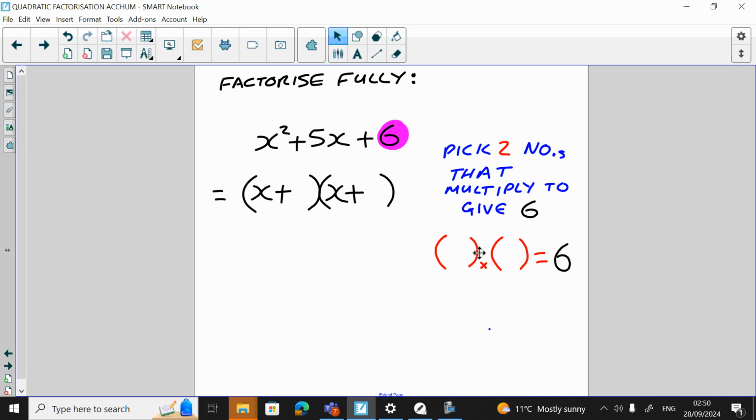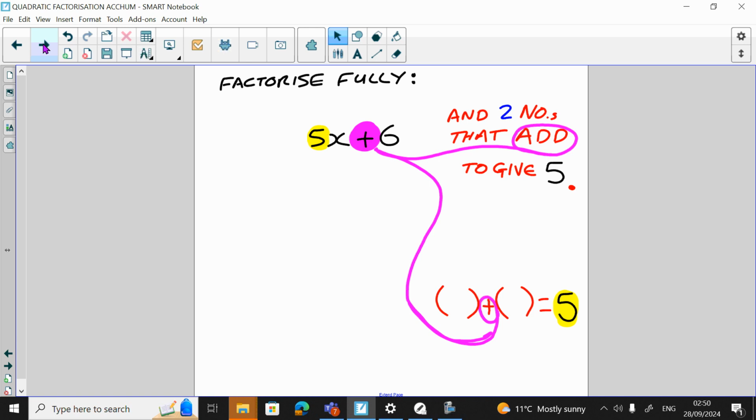Always multiply here. The second check relies on the sign at the end. If it's a plus or if it's a minus, positive, negative, it tells you whether you're adding or subtracting to get the coefficient of the middle term, regardless of sign.